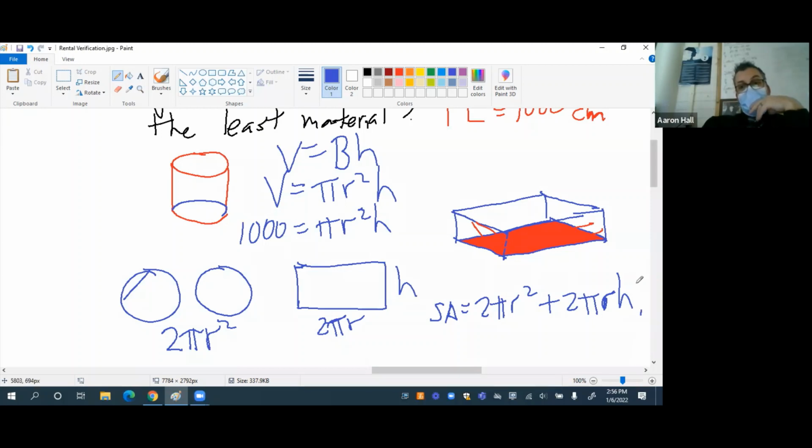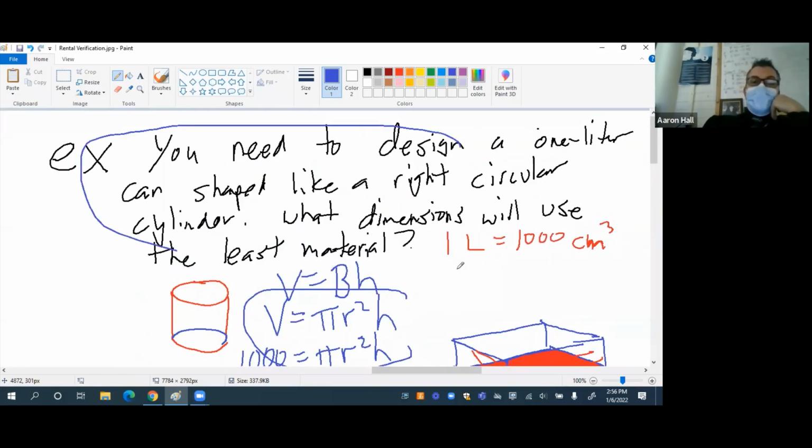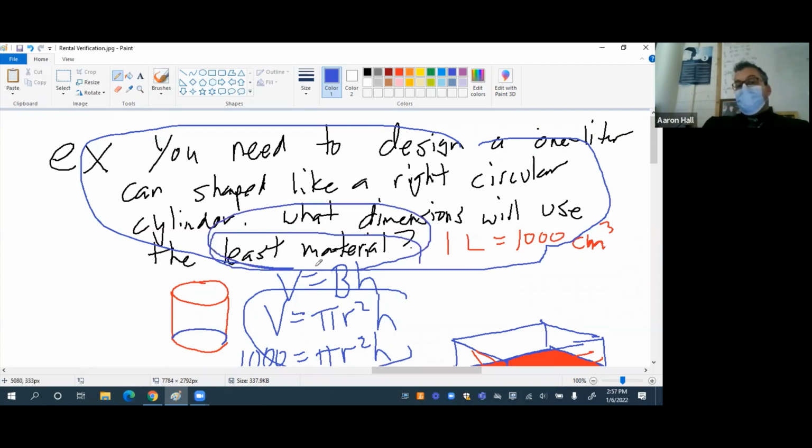Which one of these am I going to take the derivative of? What in the question says I'm going to take the derivative of the surface area and not the volume? Yeah, I want the least material.